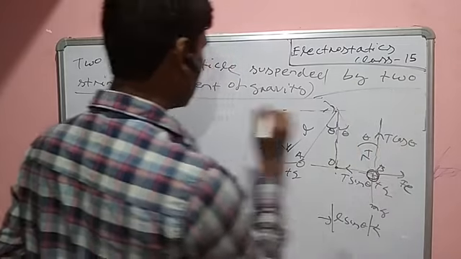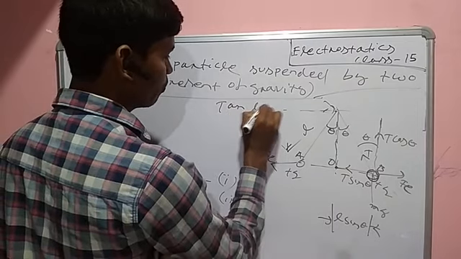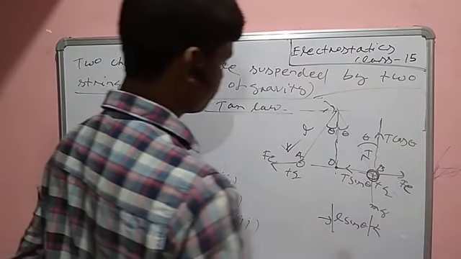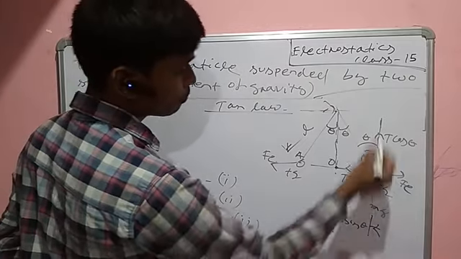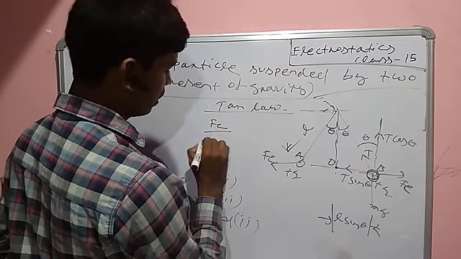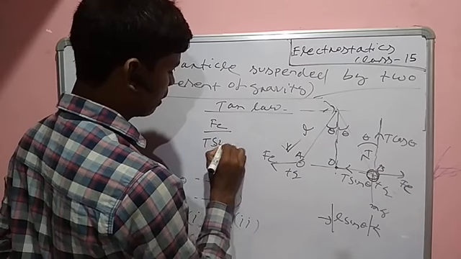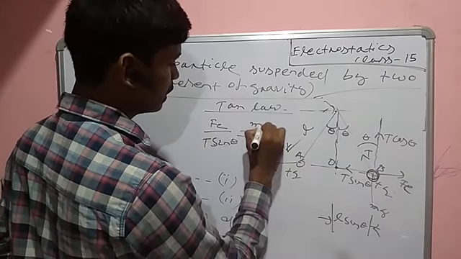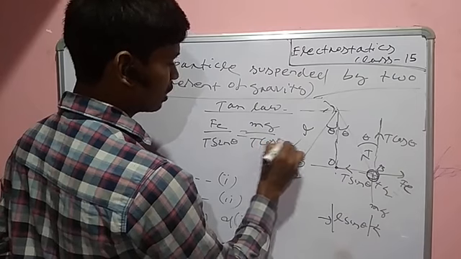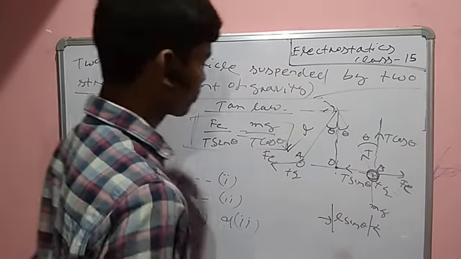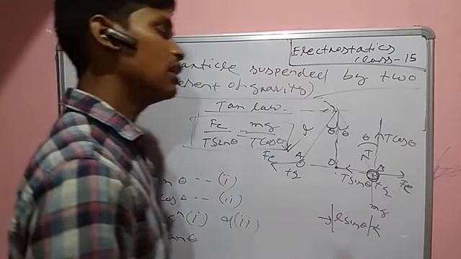So Fe by T sin theta is equal to mg by T cos theta. You can also use Lami's theorem to find out the expression.